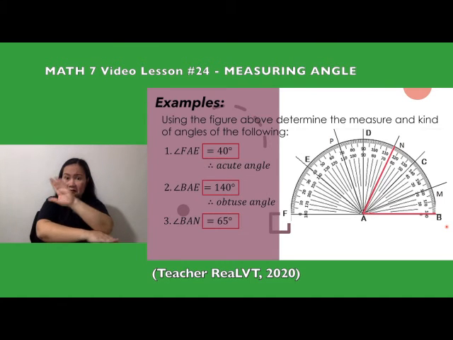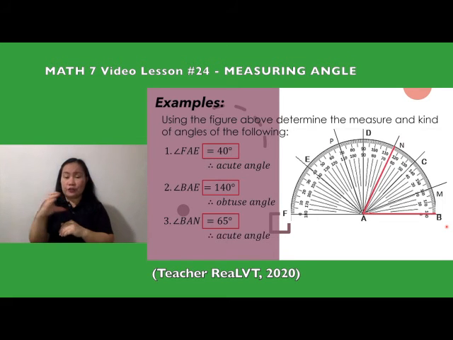And since 65 is less than 90, it is also an example of an acute angle. Tandaan, kapag ang ginamit natin na 0 ay nasa kanan, ang gagamitin natin ay ang inner scale. Kapag naman dito tumapat yung ating unang line, ang gagamitin naman natin ay yung outer scale.